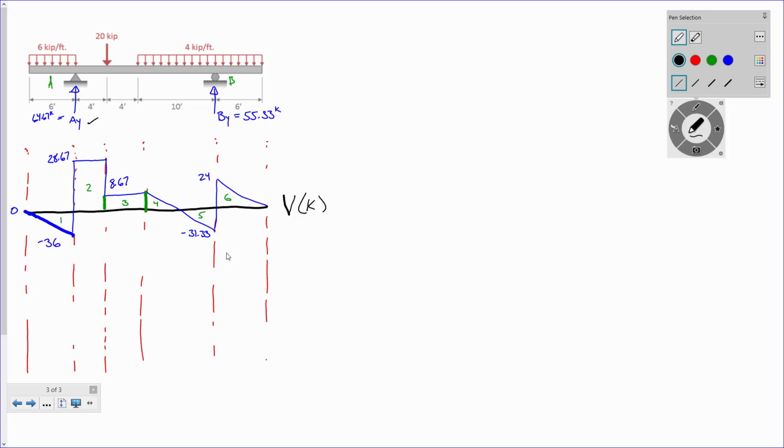Okay, so let's take, I'll say shear diagram areas. So area 1, that's a triangle, right? So it's 1/2 base times height. The base is 6 feet.